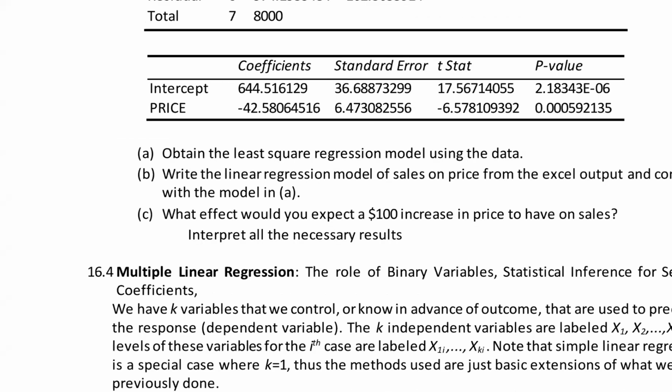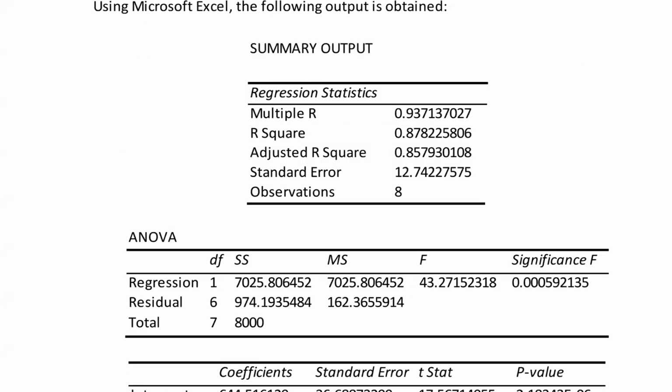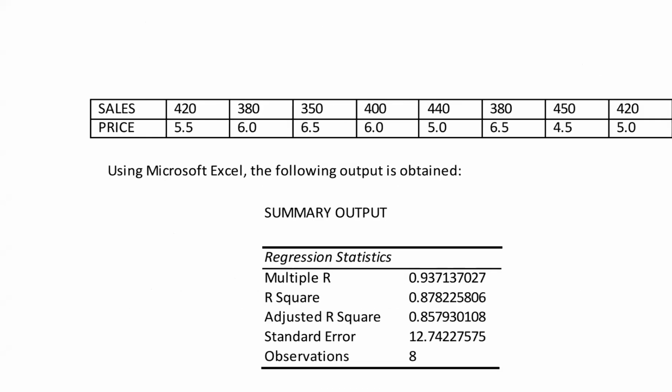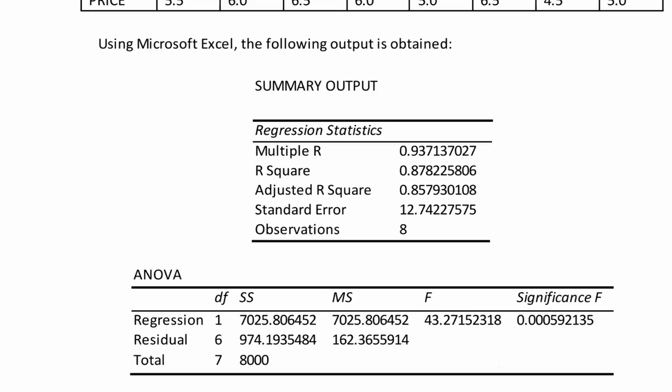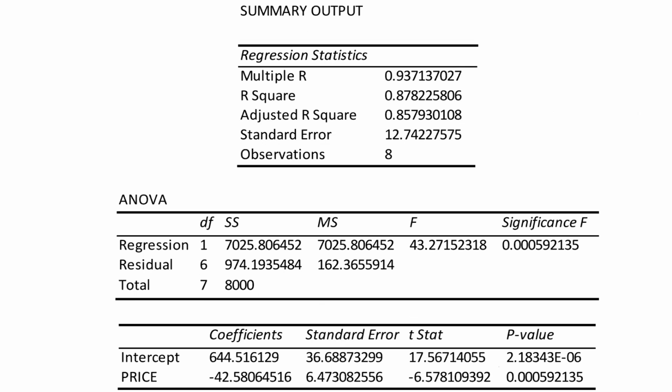Okay, you can easily obtain the model from this. Just how we obtain the model: number one, you get the coefficient, the constant. This constant is the intercept coefficient. It's called the constant, right?